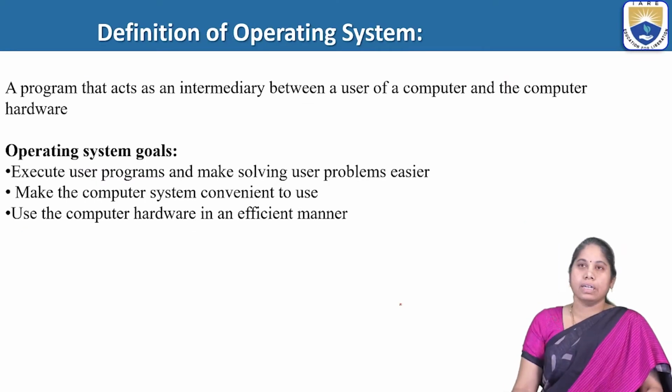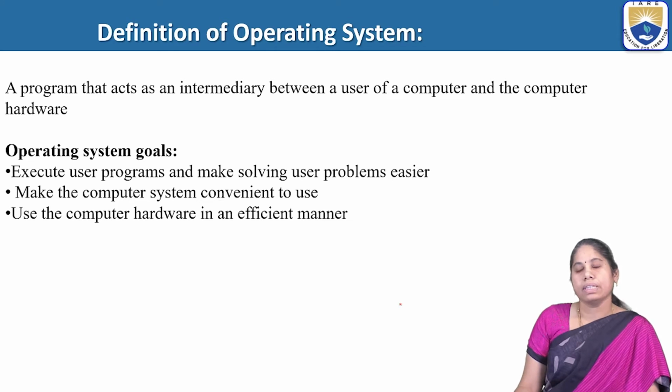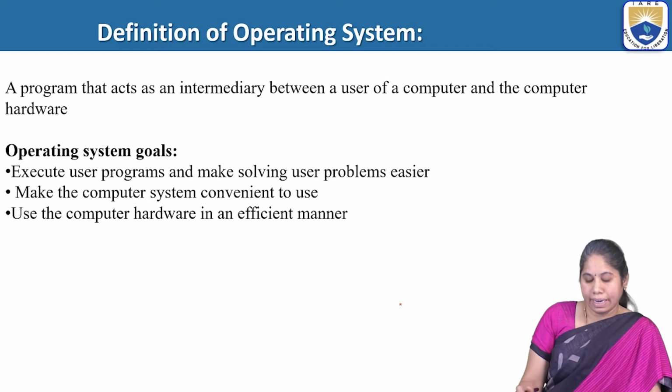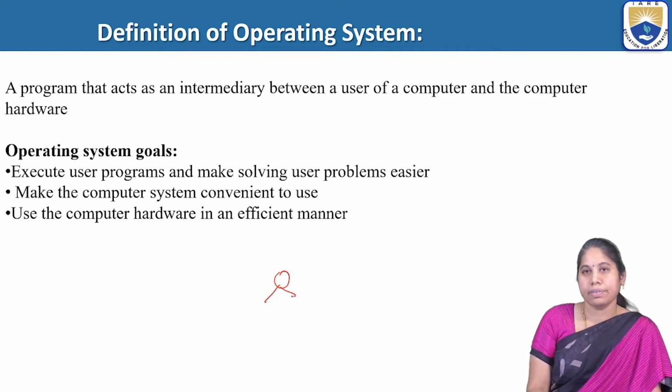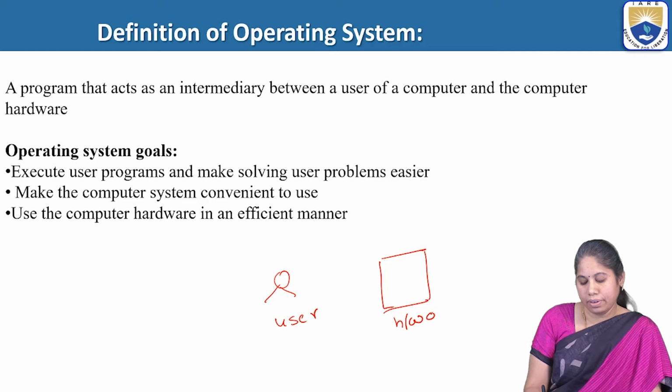Now come to the definition of operating system. What is the operating system doing? It is a program that acts as an intermediary between a user of a computer and the computer hardware. What does it mean? The operating system is nothing but a program that acts as an intermediary. Suppose this is a person, the user, and this is the hardware of the computer.